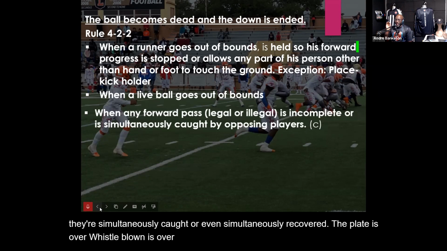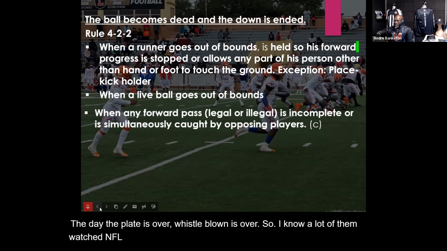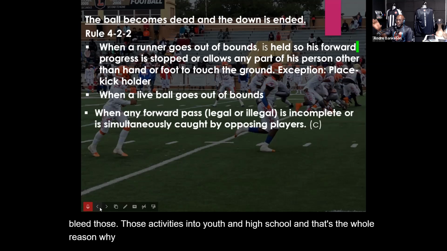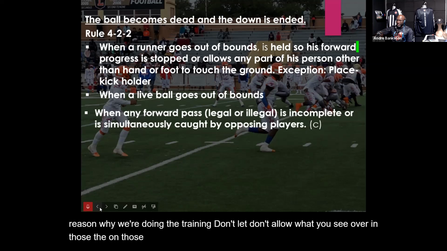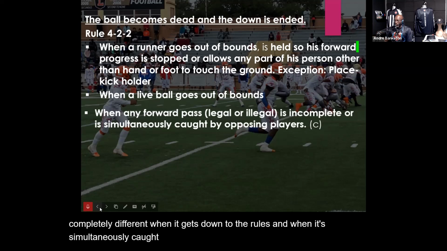So I know a lot of us watch NFL and college football, and we like to bleed those activities into youth and high school, and that's the whole reason why we're doing the training. Don't allow what you see on those events bleed into high school and youth. It's completely different when it gets down to the rules, and when it's simultaneously caught or recovered, the play is over and it belongs to offense.